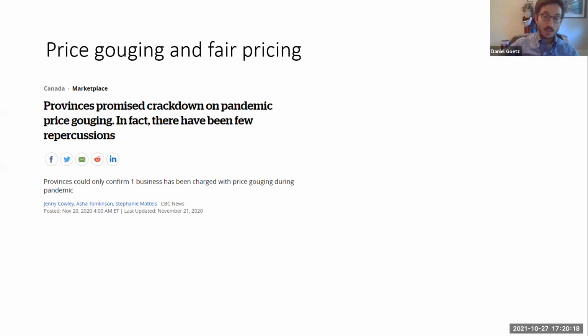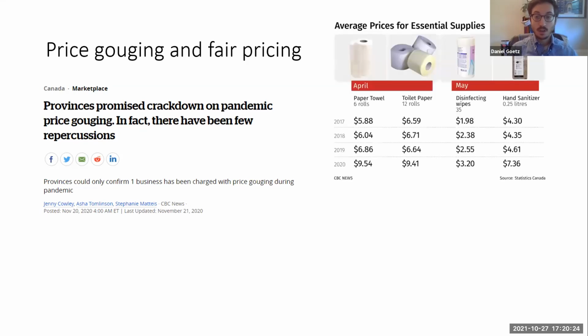So provinces promise to crack down on pandemic price gouging. So the idea is that maybe prices of necessities go way up because firms can charge more, because people want paper towels and toilet paper and sanitizer more when they're trying to stock up, when they're worried they might run out, right? So this idea that when demand is high, raising the prices somehow feels unfair is something we actually have laws against, right?